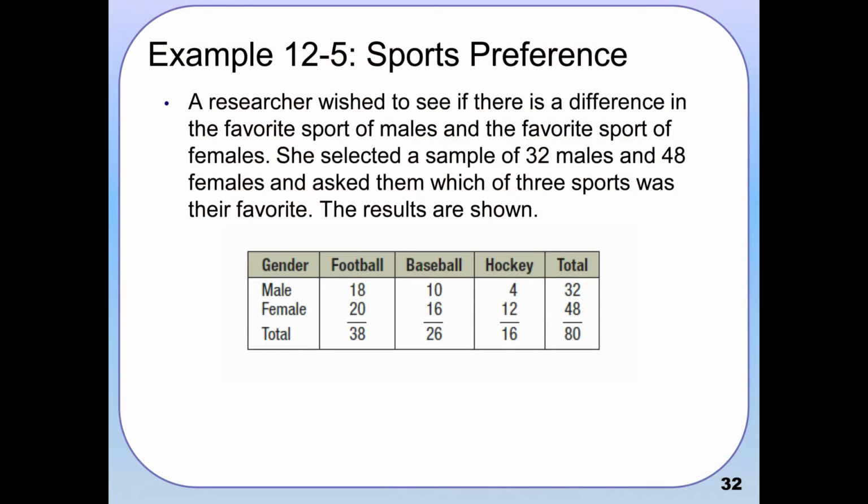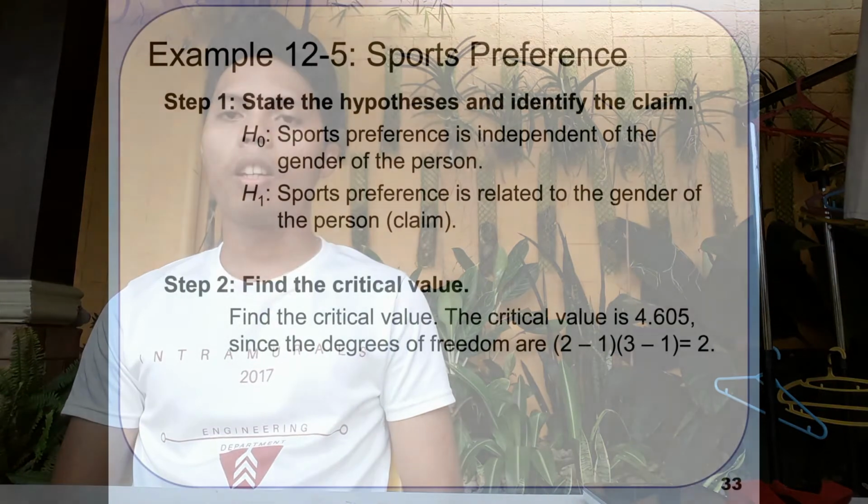Example 12-5. Sports preference. A researcher wished to see if there is a difference in the favorite sport of males and the favorite sport of females. She selected a sample of 32 males and 48 females and asked them which of three sports was their favorite. The results are shown below. Step 1. State the hypotheses and identify the claim.